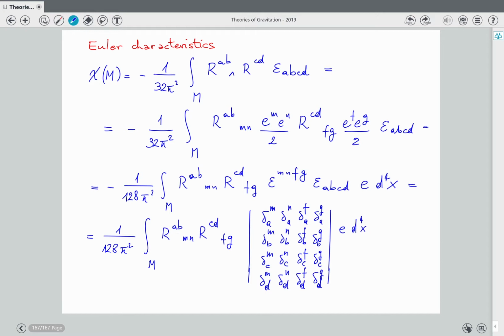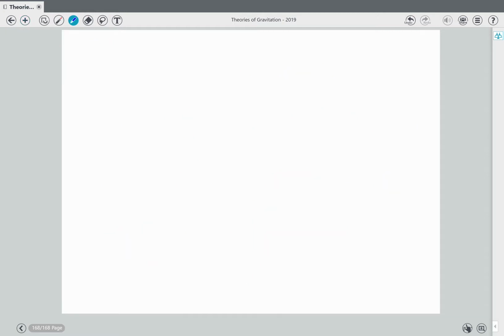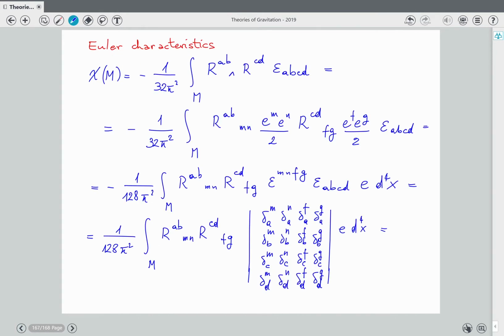So let's compute it. One divided by 128 pi squared, integral on M, e d^4x, then we see what happens.